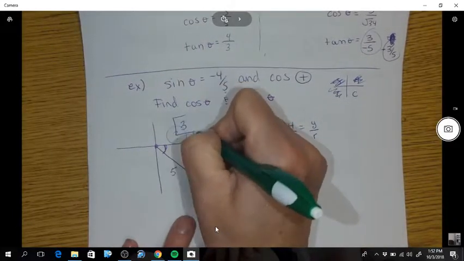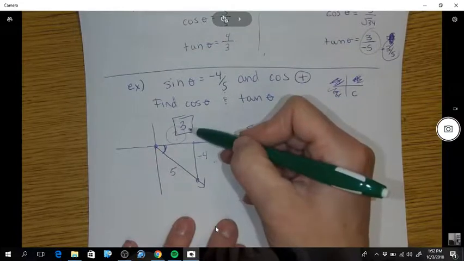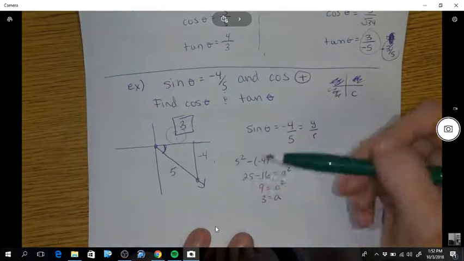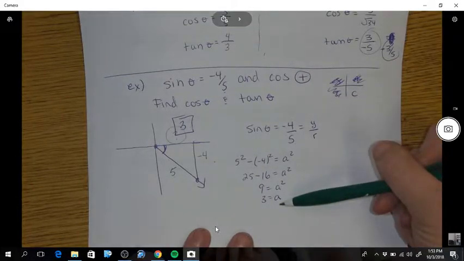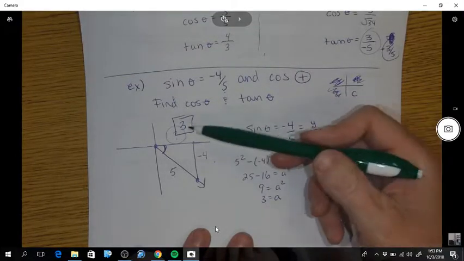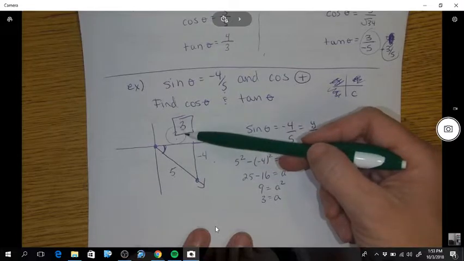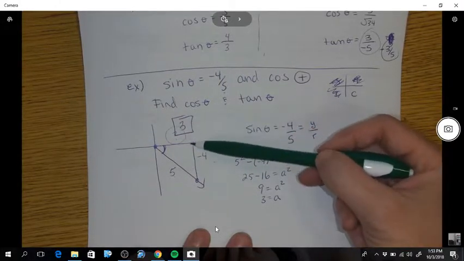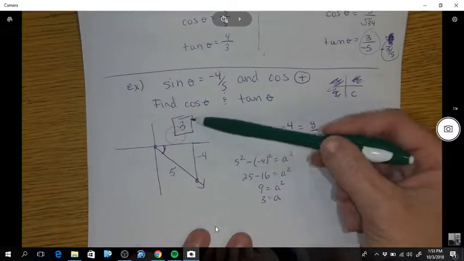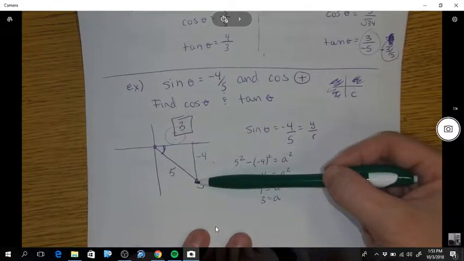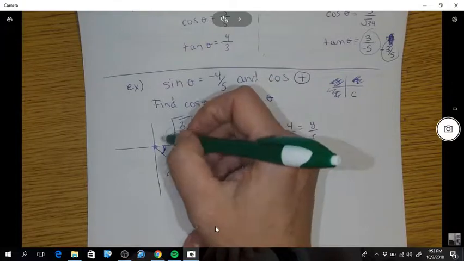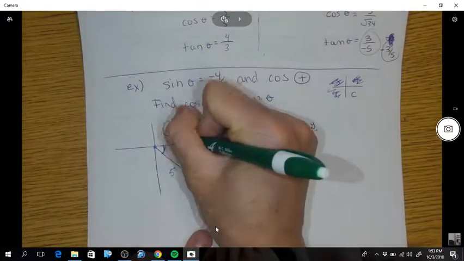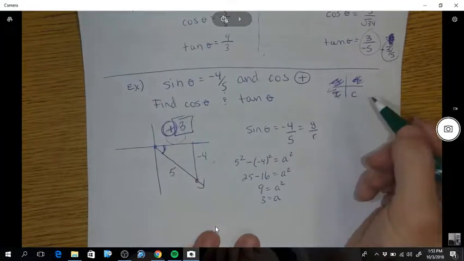Now you need to ask yourself at this point, is this +3 or -3? Because this won't tell you that. You're going to have to give me a positive or negative based on either understanding the diagram or understanding where you are in the quadrants. So I'm in quadrant 4, or I'm on the right, so this ends up being a positive x value.